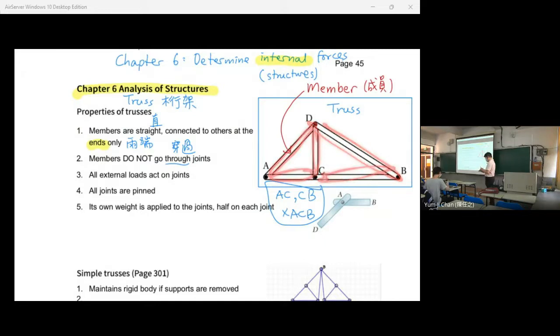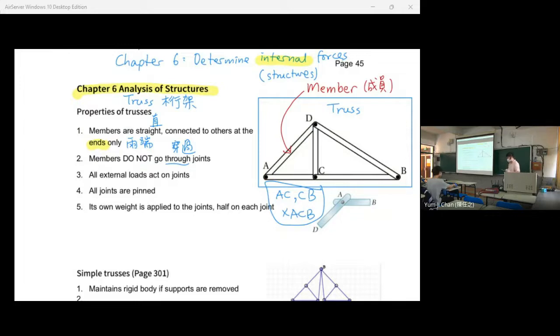For each member, what kind of structure is it? We have learned two terms on Tuesday. Let's go back to page 40.